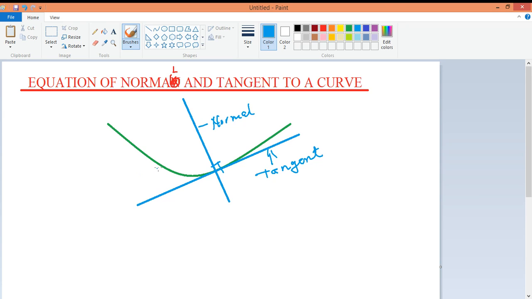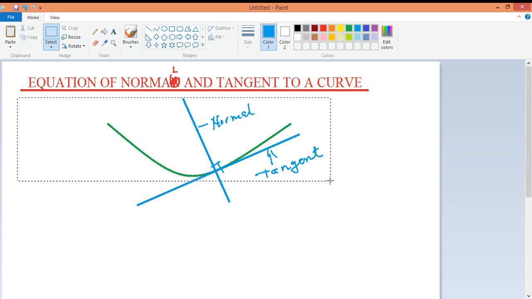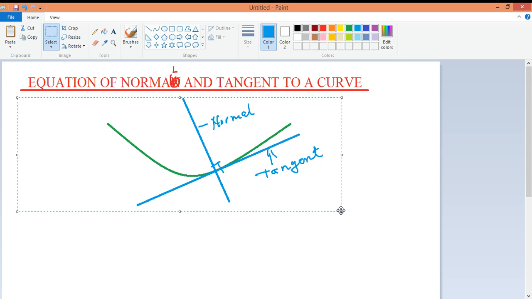Before we proceed, you need to know that the gradient of the tangent is always the same thing as the gradient of the curve at that particular point.